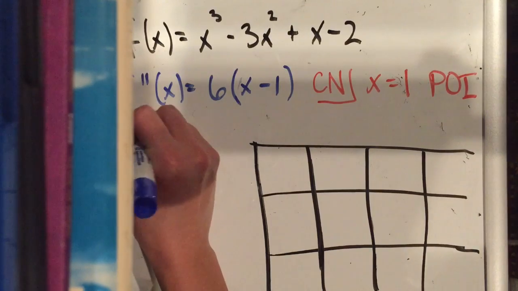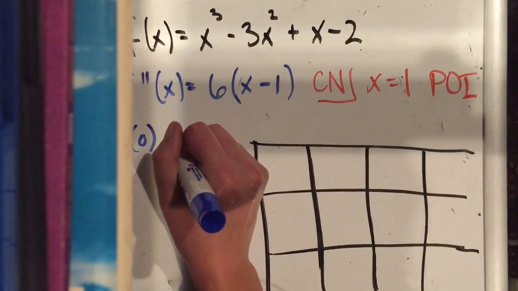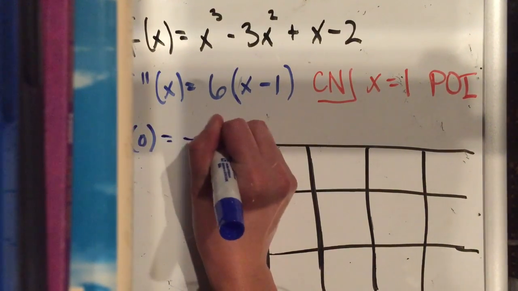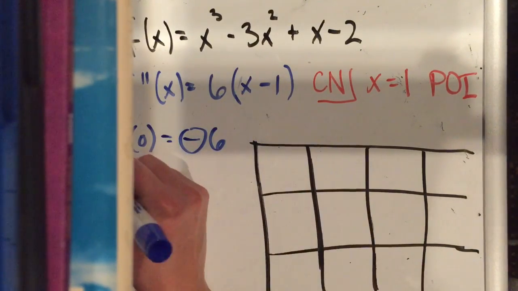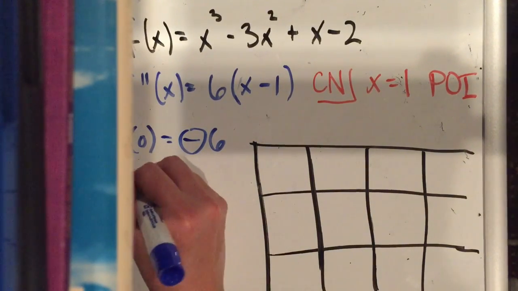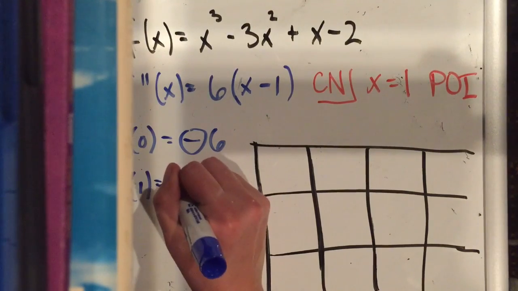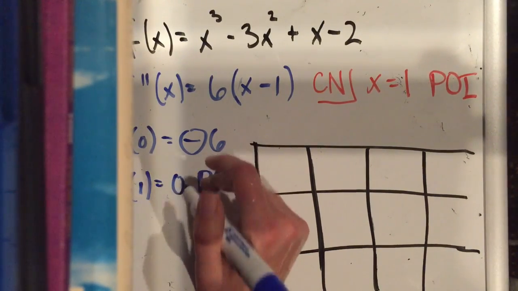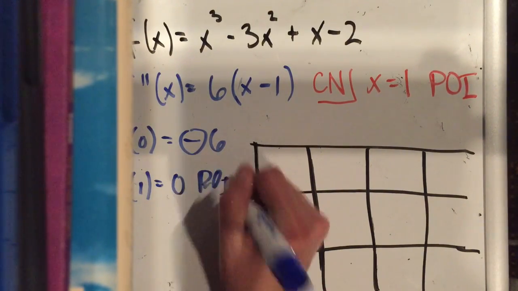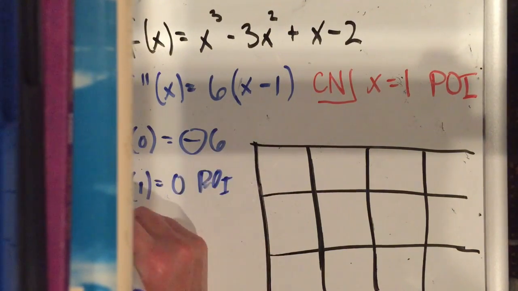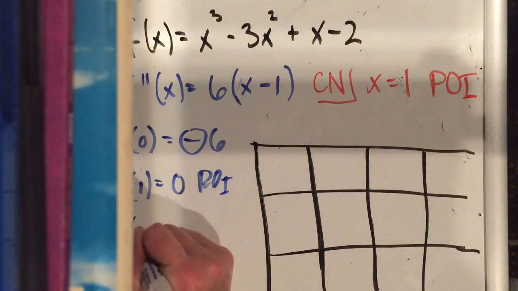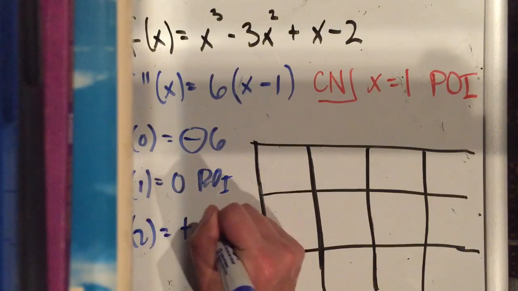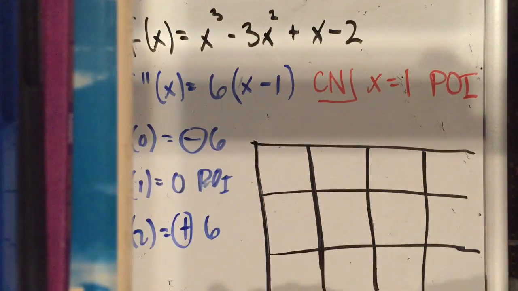So first, this is going to be smaller than 1, which is a negative 6. And then if we test 1, it's 0, point of inflection. And then if we test a number bigger than 1, so 2, we get a positive 6.